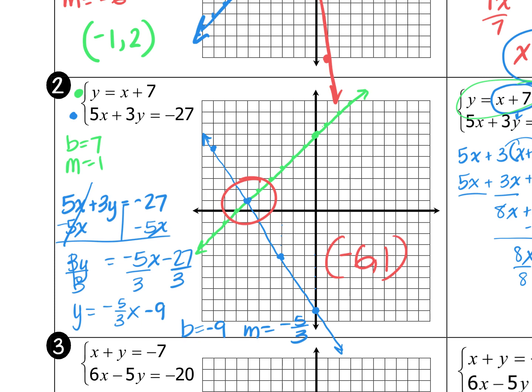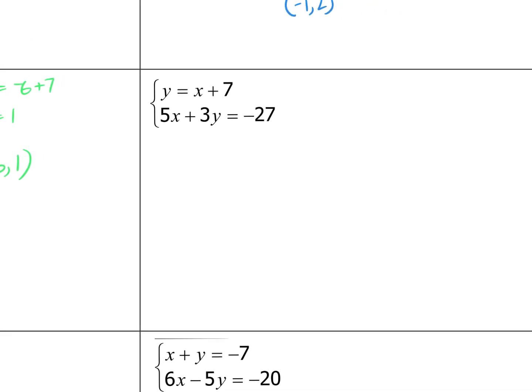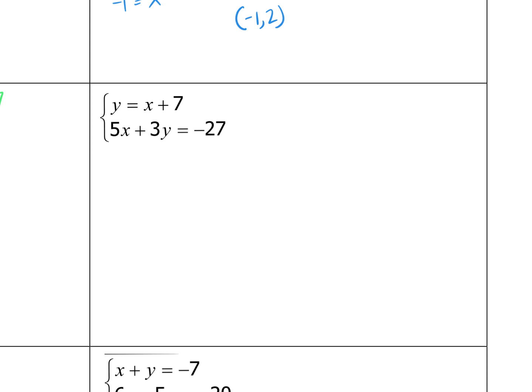Okay, so now let's take these same two equations and let's do elimination. The first thing you have to do for elimination is you have to make sure everything lines up. Things are not lined up here. We could use the slope-intercept ones that we did before, but then we're dealing with fractions. I don't think we want to deal with the fractions.